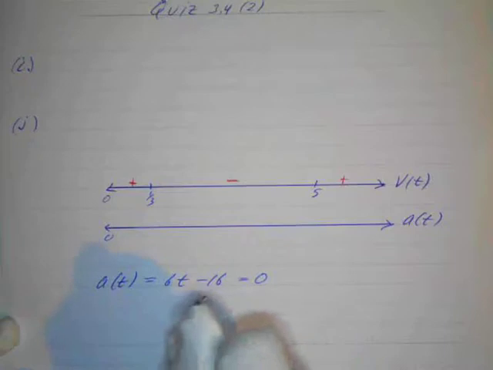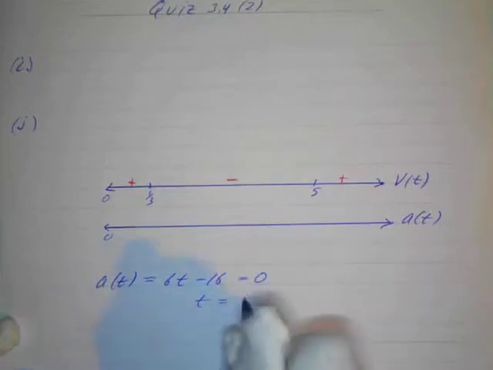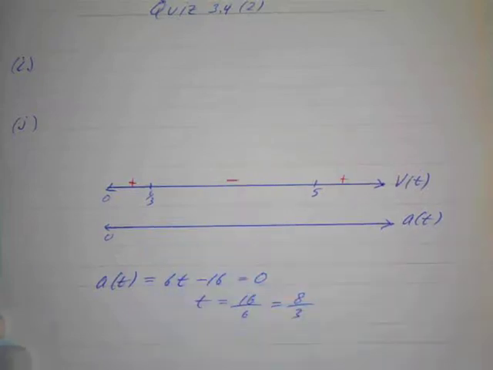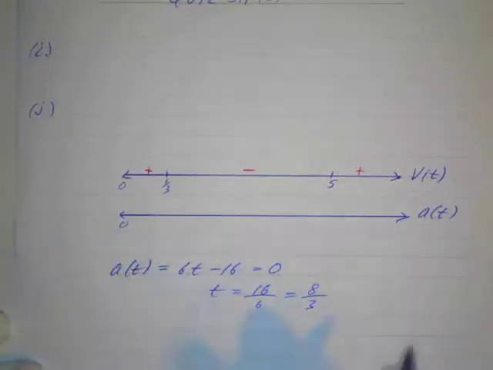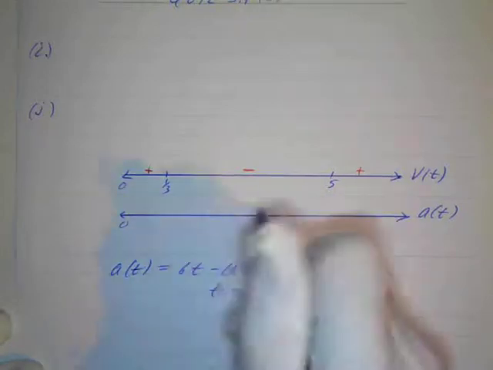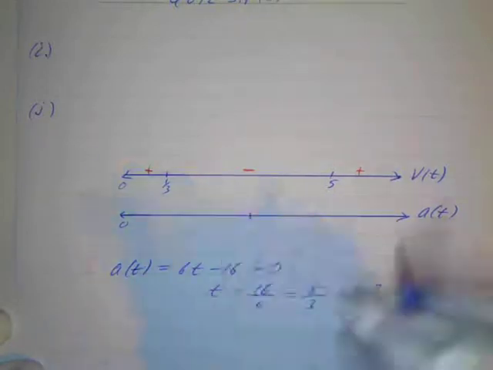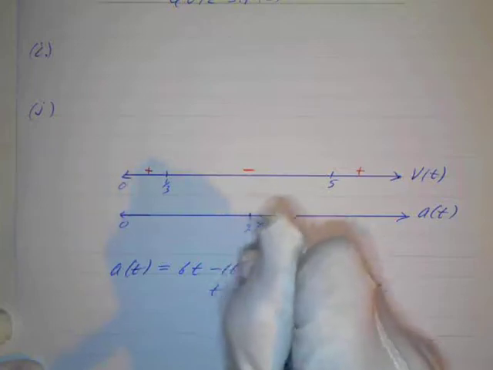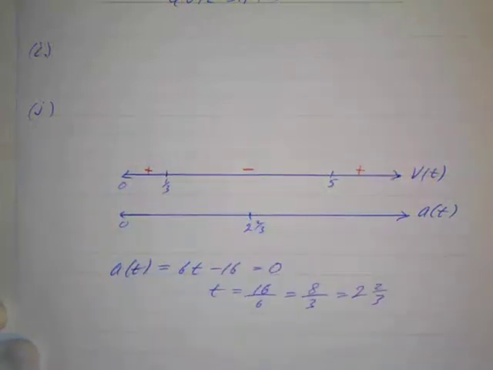So t equals 16 over 6, which equals 8/3, which is about 2 2/3. So let's say it's right about over here. So let's say that's 8/3 or 2 2/3.